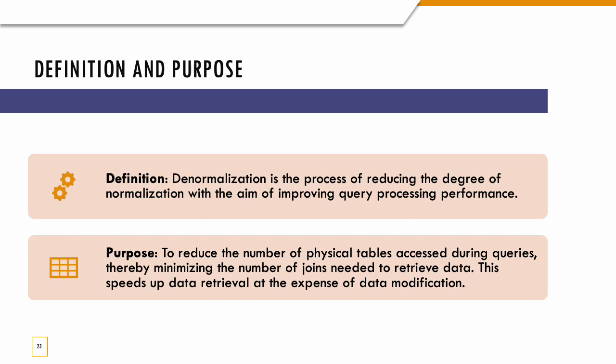This approach will speed up data retrieval and make the system more efficient for read-heavy operations. However, this kind of performance boost in querying often comes at the expense of increased complexity in data modification and potential redundancy issues.